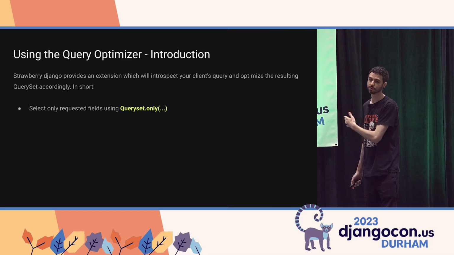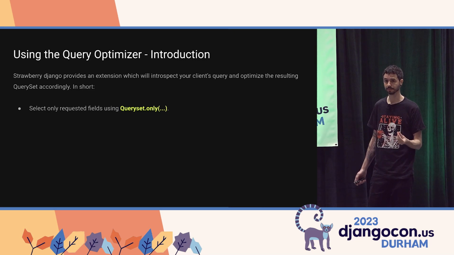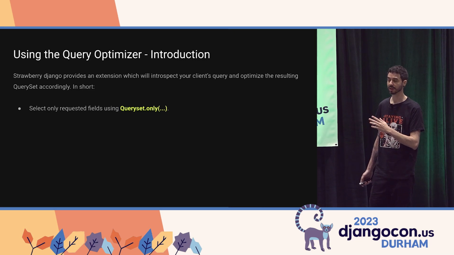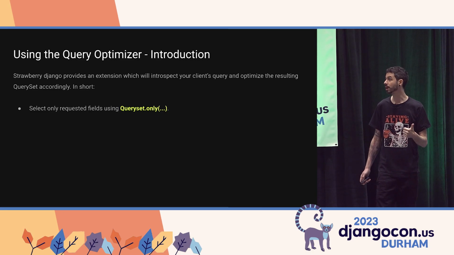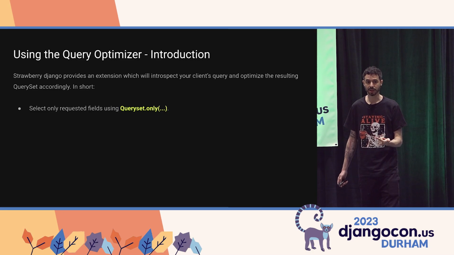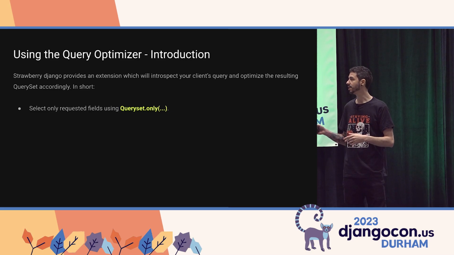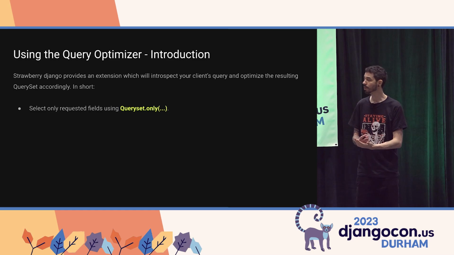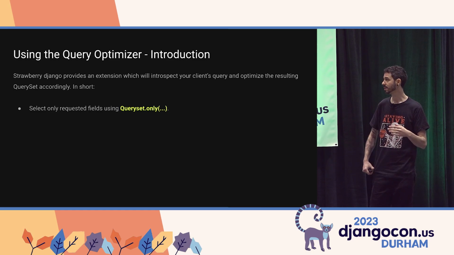So the Strawberry Django integration, as long as you enable the optimizer extension, will introspect the query that you are making and your Django model. And when you return a query set to it, it will call the query set's API to optimize that query.